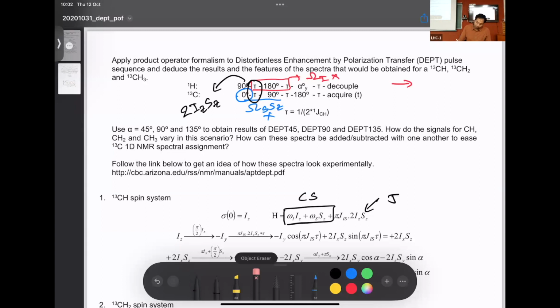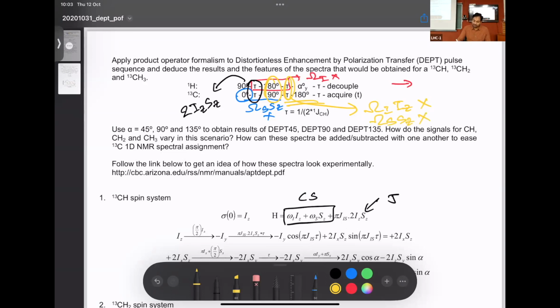And as we moved further, after the 90 and the 180 pulses were applied, you have another tau delay, yet again where we said the proton chemical shift will not evolve. And we also were able to see that the carbon shift will not evolve because there is a tau 180 tau, so omega SZ will also not evolve.